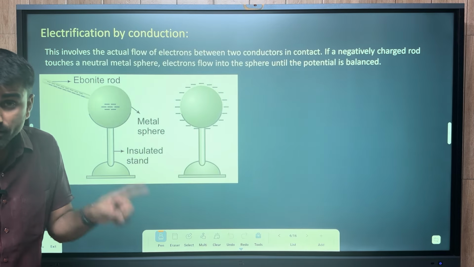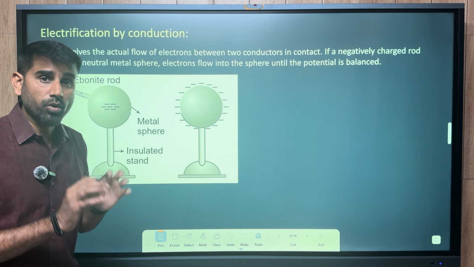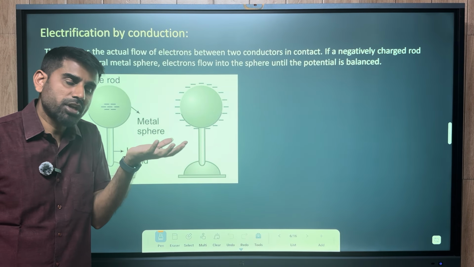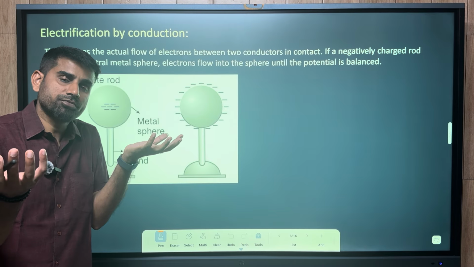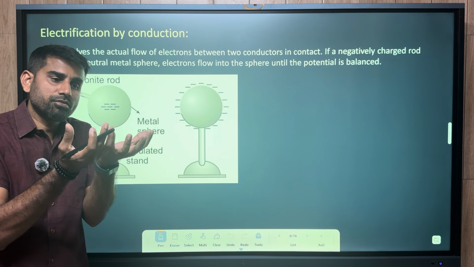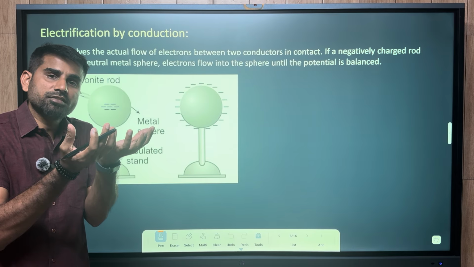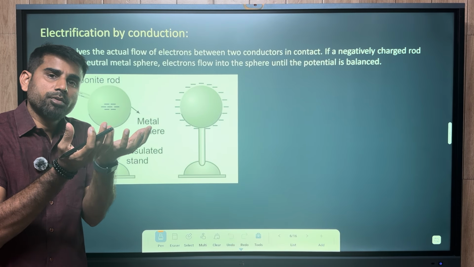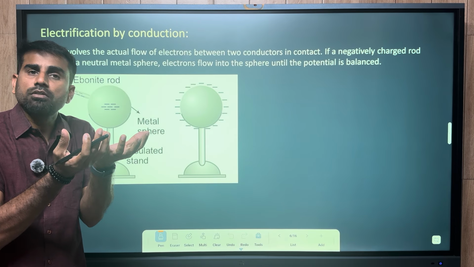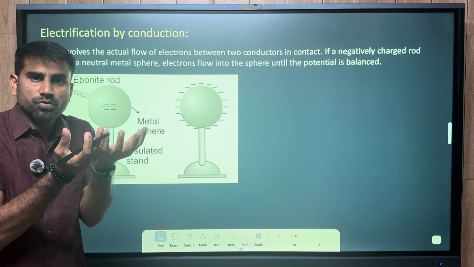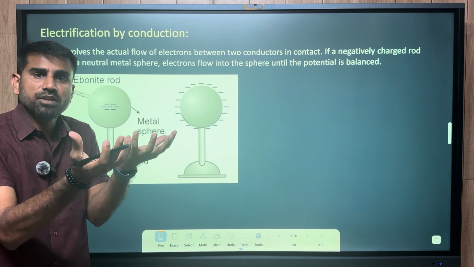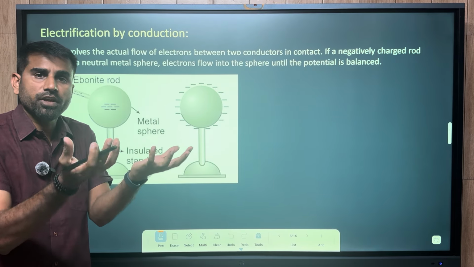Like if I have given 10 coulombs of charge to one body, 0 coulombs to the other, when I put these two bodies in contact, the charge starts to flow until equilibrium is obtained. That means potentials are the same. Since the spheres are identical, both will have the same charge, that means 5 coulombs and 5 coulombs.